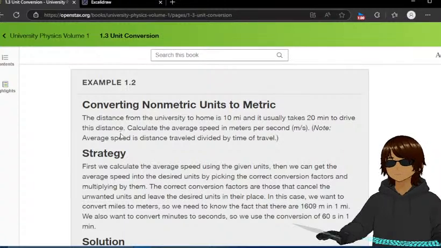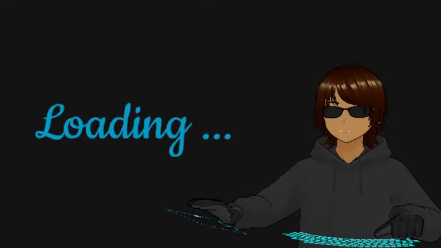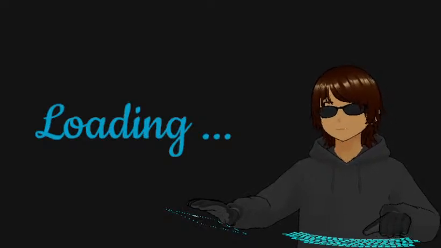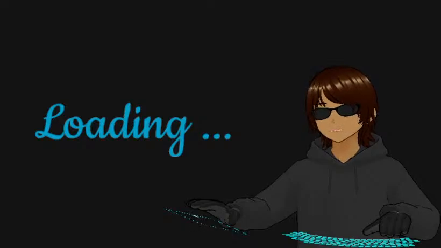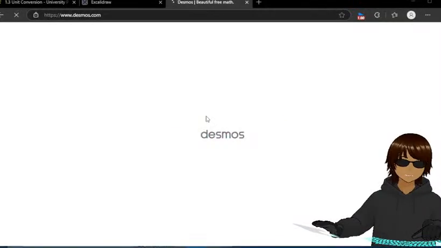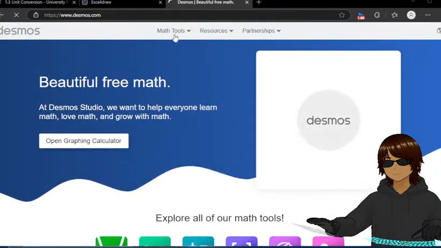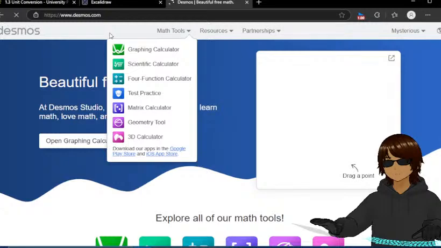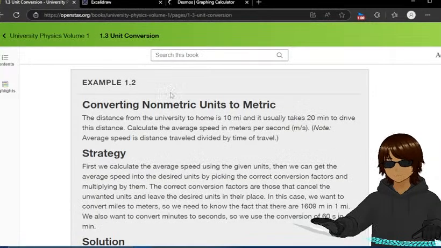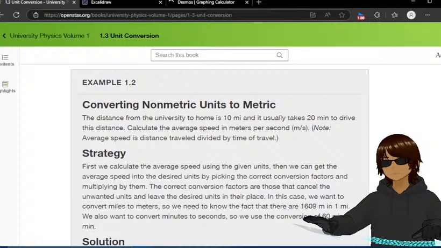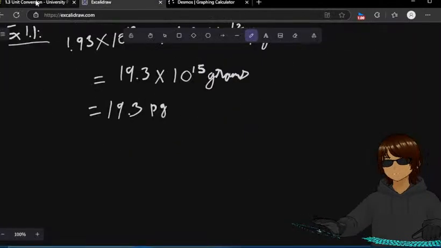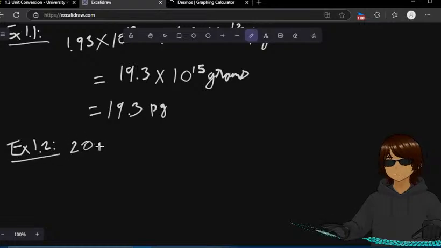First, we have to convert. Should I? Hold on. I should have Desmos on. Wait a minute. So they said 10 miles usually takes 20 minutes. So example 1.2. 20.